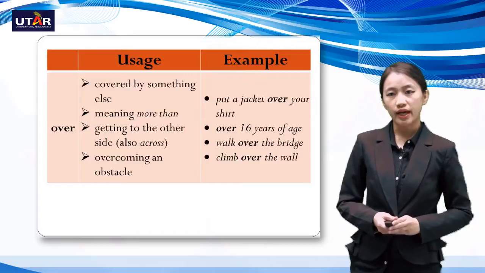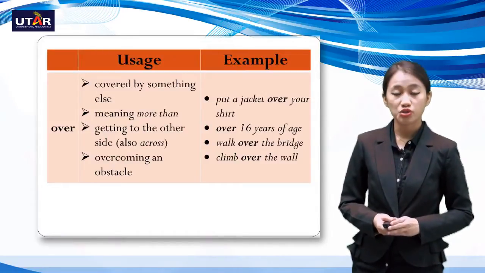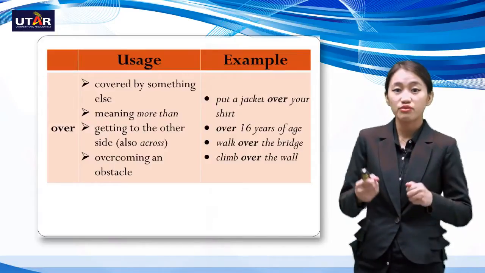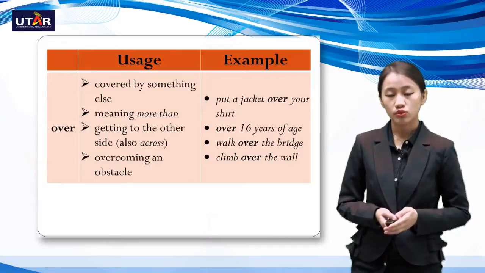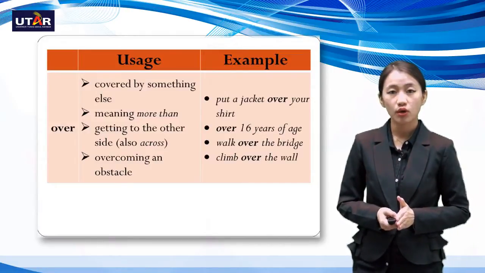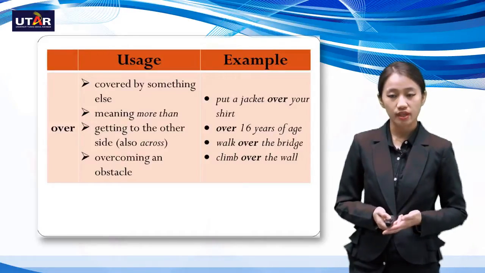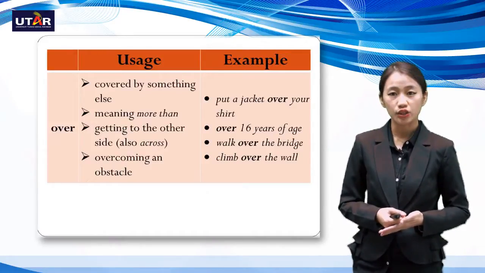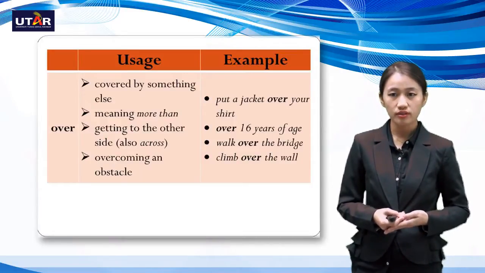So covered by something else would be, for example, put a jacket over your shirt. So basically you are covering your shirt with a jacket. So you use the preposition over. Next would be meaning more than. So for example, over 16 years of age. So this will be the usage of over.